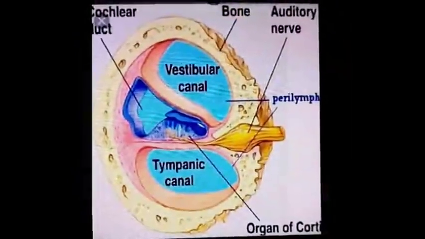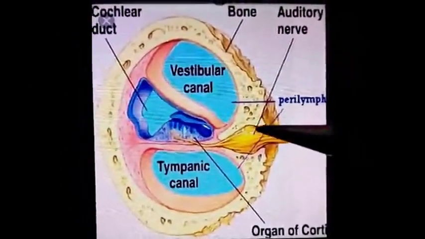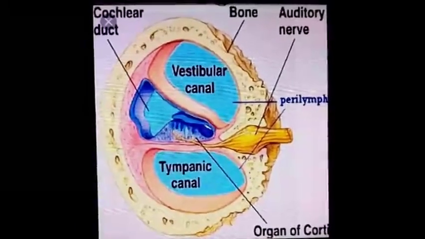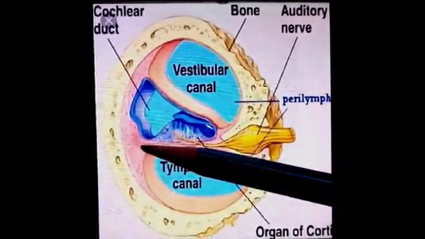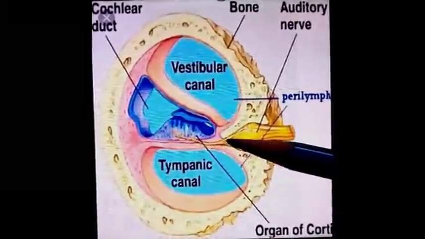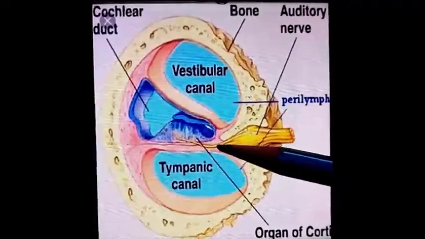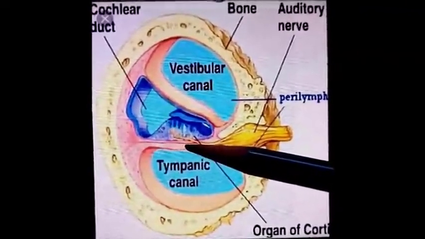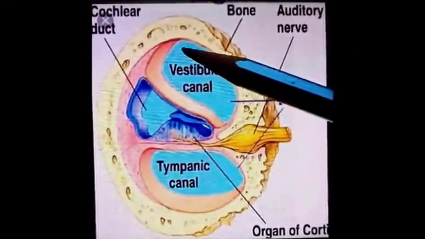This is the diagram showing the interior of the cochlear canal. If we cut a transverse section across the cochlear canal, we can find in the center a spiral ridge of bone known as the spiral lamina. Spiral lamina divides the cochlear canal into two compartments.